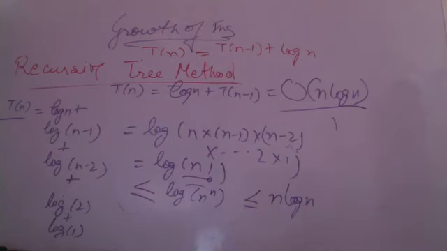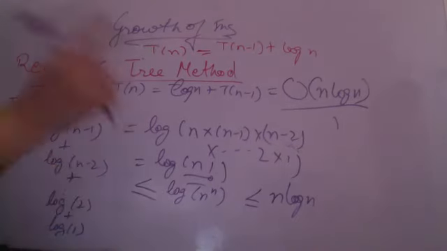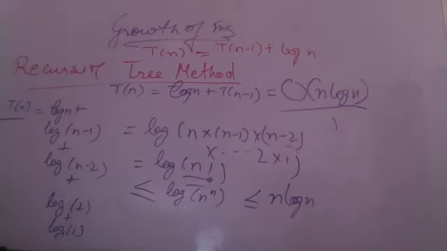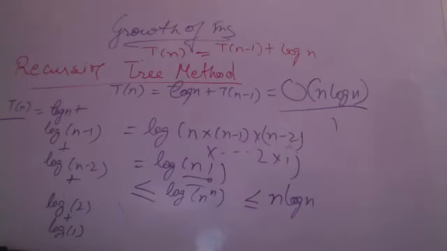Is this clear to all? This is one way of finding the complexity of an algorithm. That is why I was asking whether asymptotic notations are clear to all or not. Am I clear? Yes, ma'am.